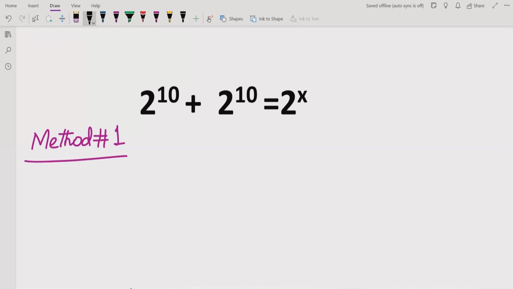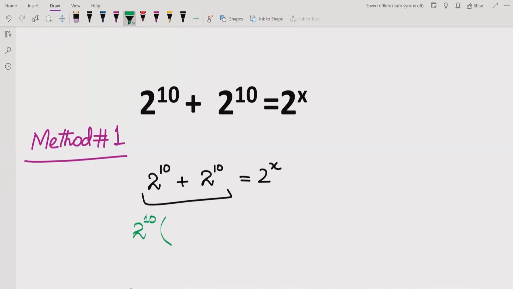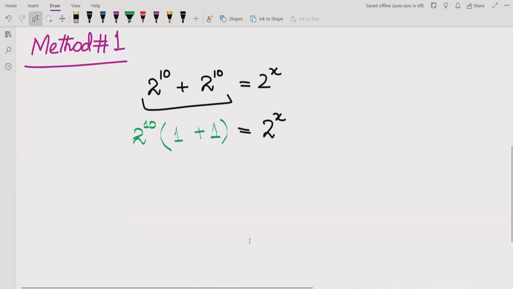This expression contains 2 raised to power 10 plus 2 raised to power 10 equals 2 raised to power x. Now we can take the common factor from this expression, since these terms are the same. So 2 raised to power 10 is common here, and after that we have 1 plus 1 remaining, equals 2 raised to power x.